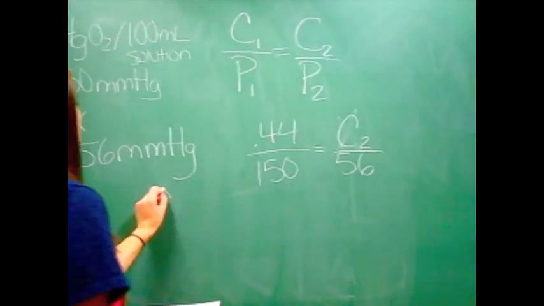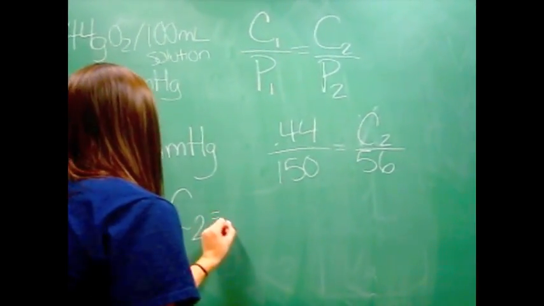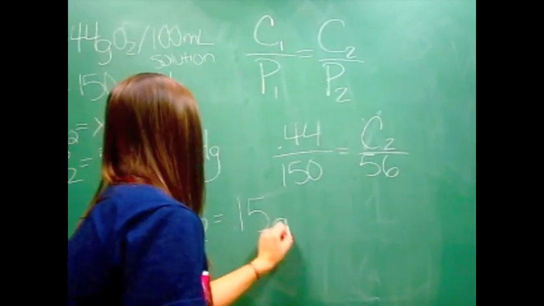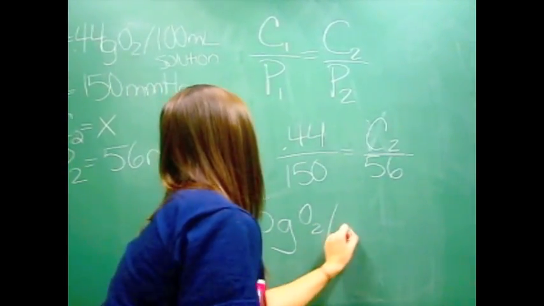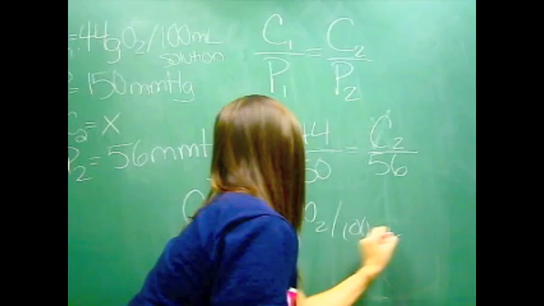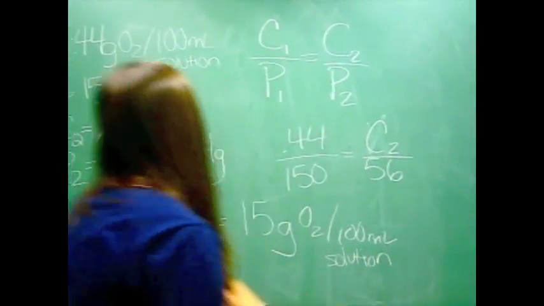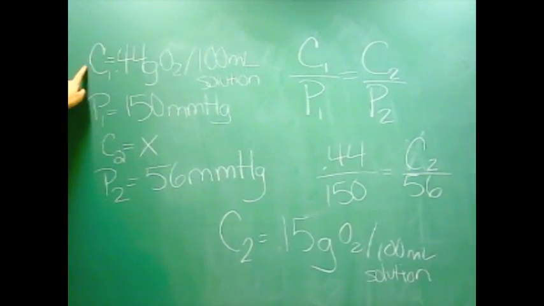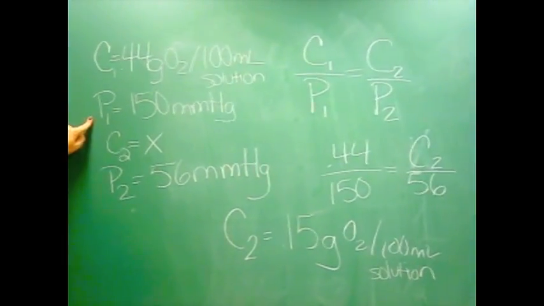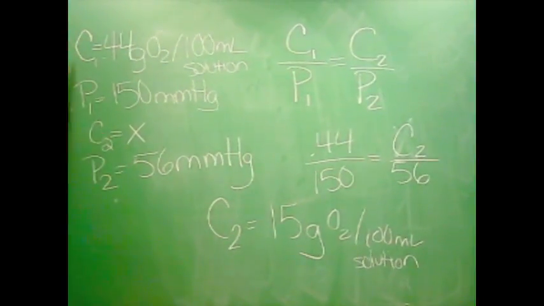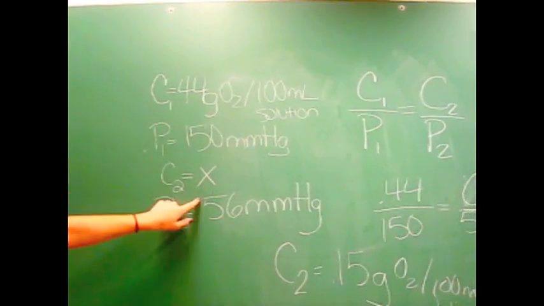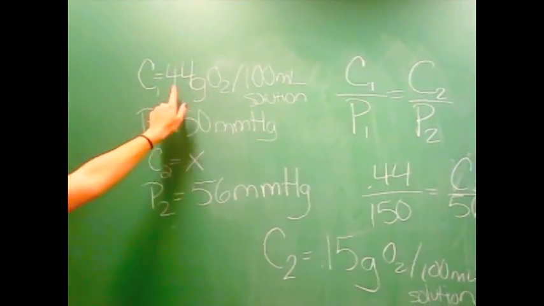The answer for the second concentration would be 0.15 grams of oxygen per 100 milliliters of solution. This means that because we lowered the pressure, it directly correlates that the concentration of the gas in the solution will also be lowered. So this is lowered.